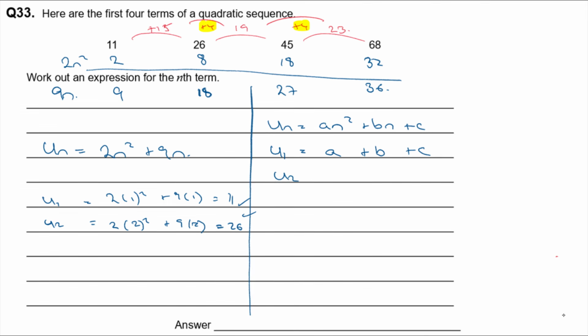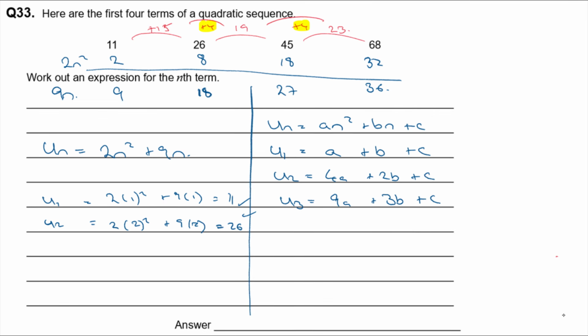The second term, u2, is going to be 2 squared, 4 lots of a, 4a, plus 2b plus c, isn't it? Okay, and then we need a third one. Let's do u3. u3 is going to be 3 squared is 9, it's going to be 9a plus 3 lots of b, which is 3b plus c. Okay, so we've got 3 equations here in 3 unknowns.